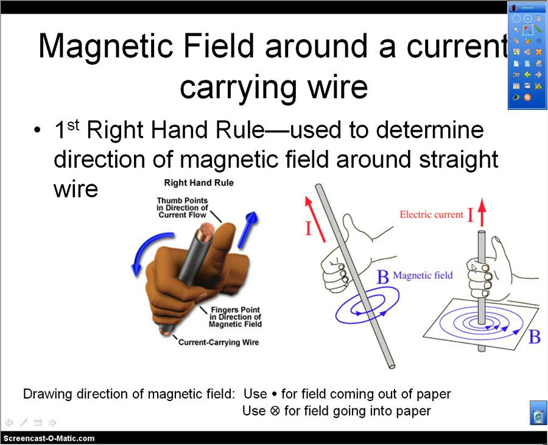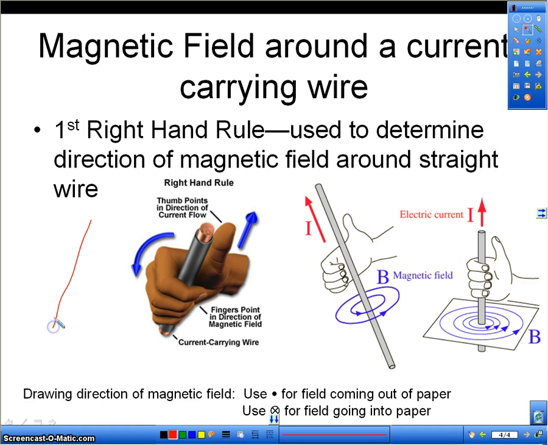So any wire, if you do it in this direction with the current going that way, if you put your fingers down in that direction, you'll see that the magnetic field is going to be wrapping around in this direction. Because if you put your thumb in the direction of the current and you wrap your fingers around, it goes in that direction around the wire.